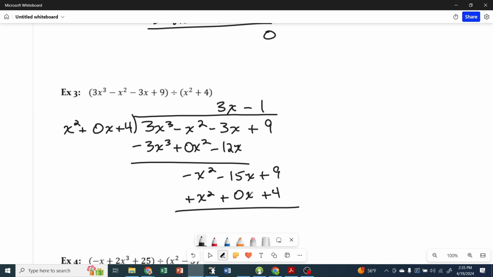So now we add down, and this becomes negative 15x plus 13. So our answer is 3x minus 1 plus negative 15x plus 13 over x squared plus 4.